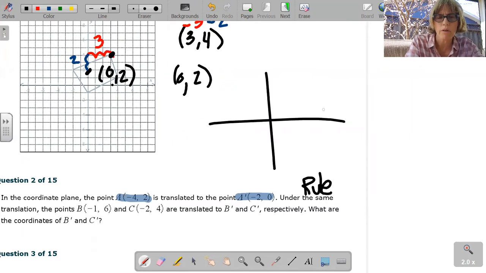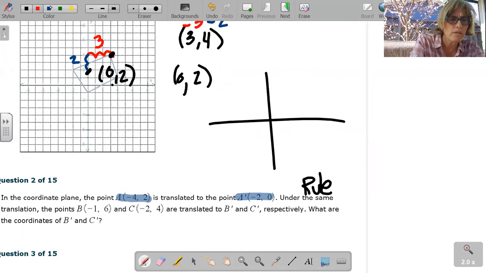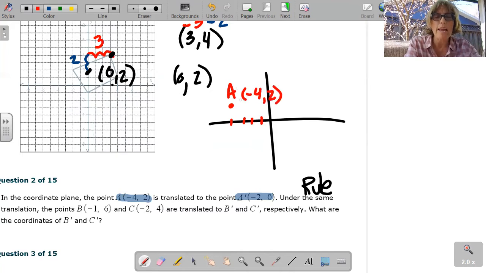right here, A is at negative 4, positive 2. A prime is at negative 2, 0, which is right here.